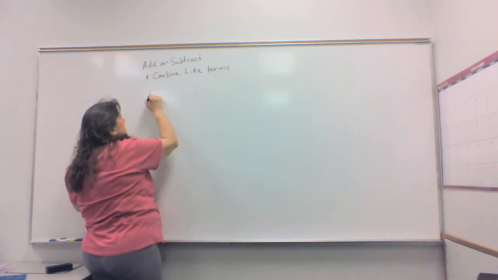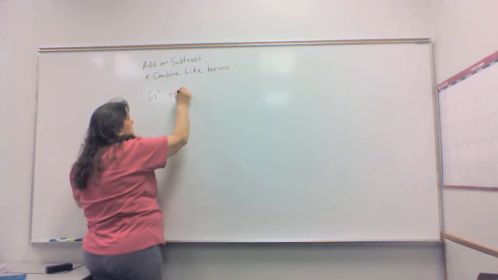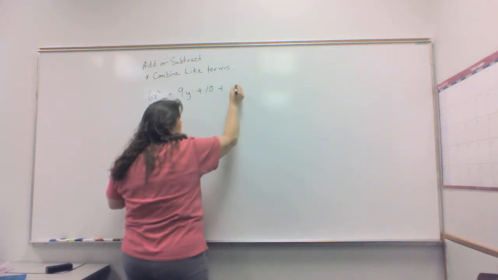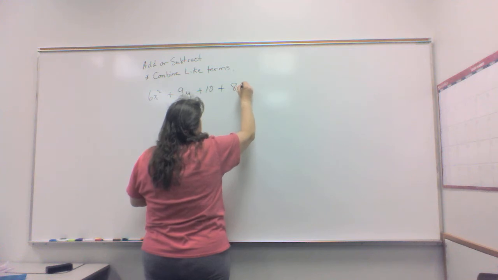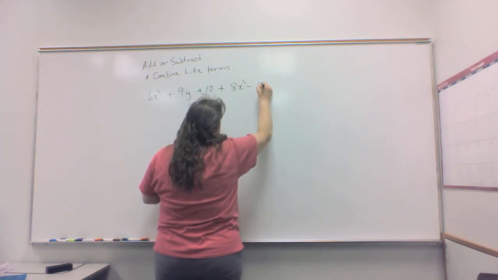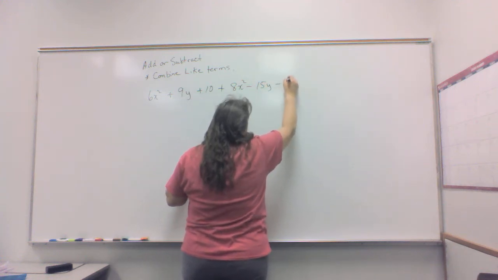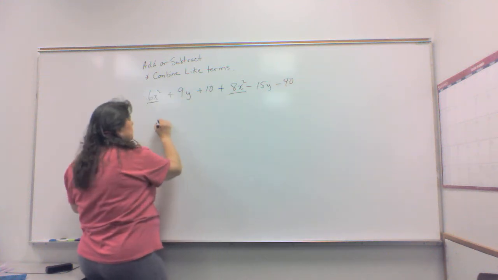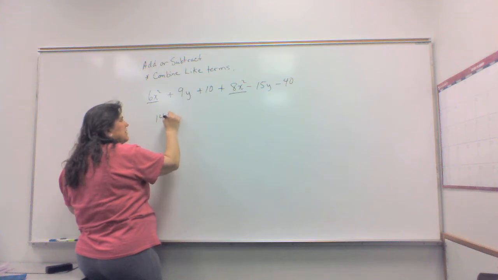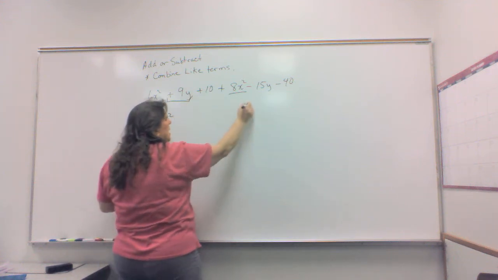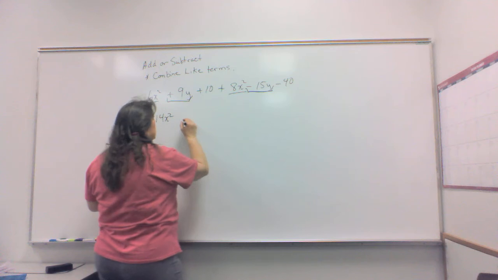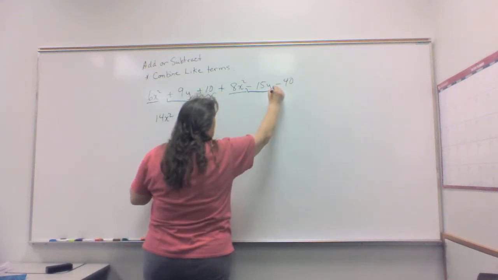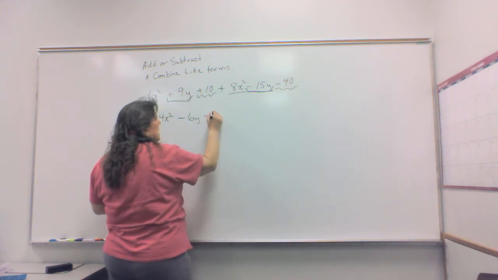Okay, 6x squared plus 9y plus 10 plus 8x squared minus 15y minus 40. Combining your like terms gives you 14x squared, plus 9y minus 15y is a minus 6y, and plus 10 minus 40 gives you a minus 30.